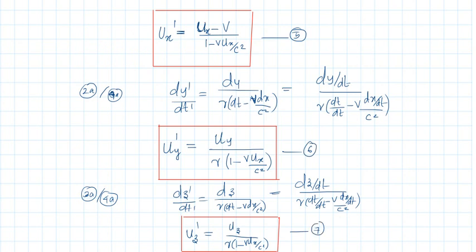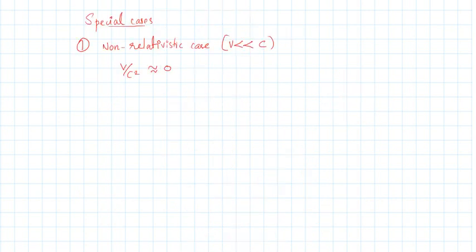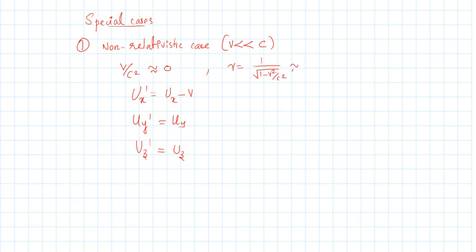What is equation 5? v by c square is nearly 0. So ux prime is ux minus v. uy prime is uy. uz prime is uz. Because v by c square goes to 0 and gamma, equal to 1 by root of 1 minus v square by c square, goes to 1.